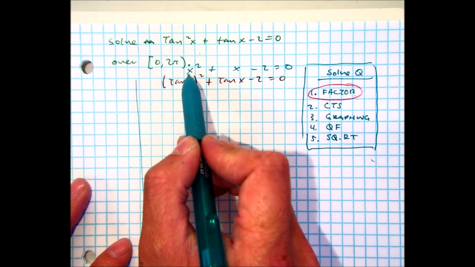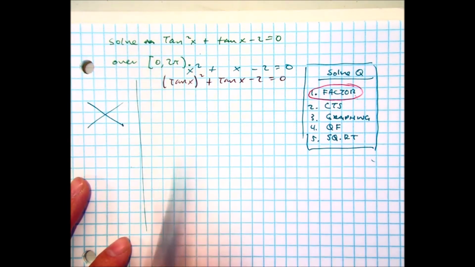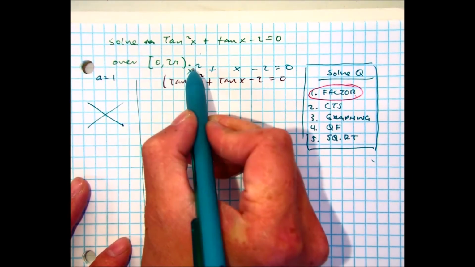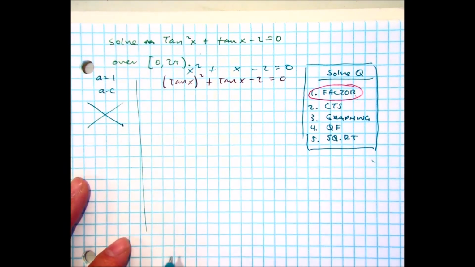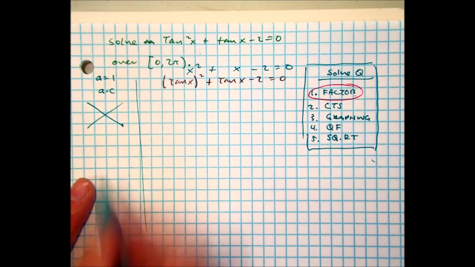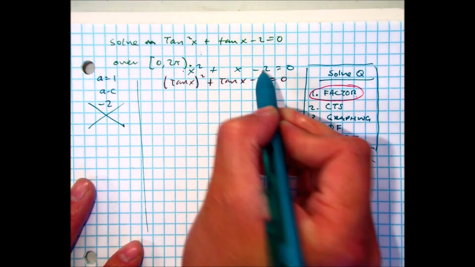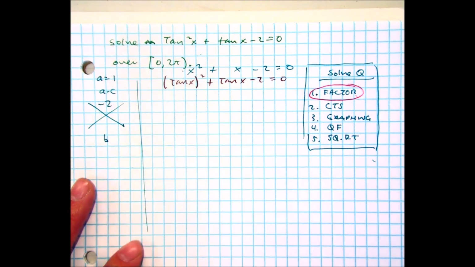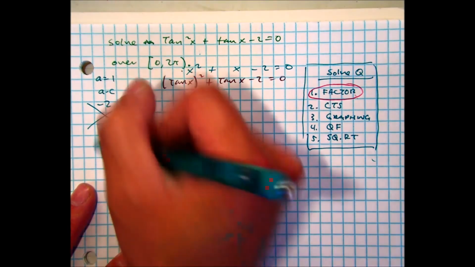If I wanted to factor that, because your a value is equal to 1, a times c is what? 1 times negative 2 is negative 2. Your b value is what? 1.